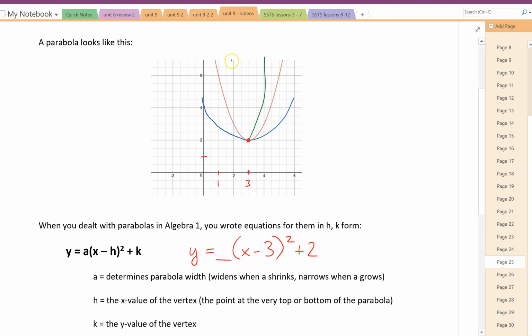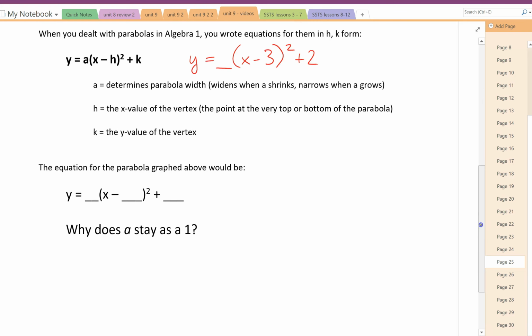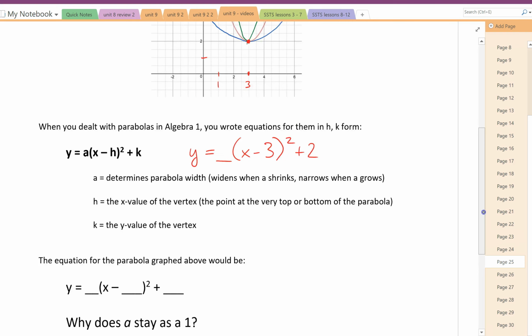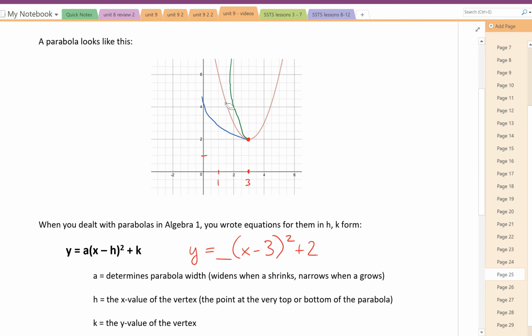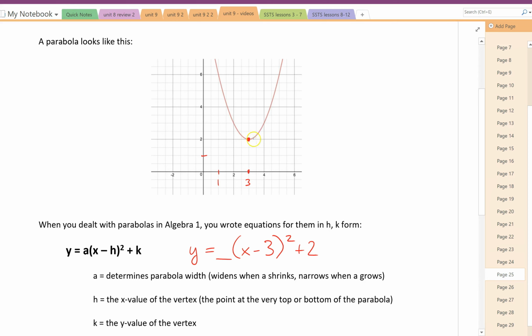And so what we're going to do today is learn a new way of graphing parabolas. So if I wanted the equation for this one, I've already done it up here. And why does a stay at 1? Well, because if I erase these other two, basically what we would expect is every time I increase x by 1, if I make a little table here, y should increase by 1 squared.